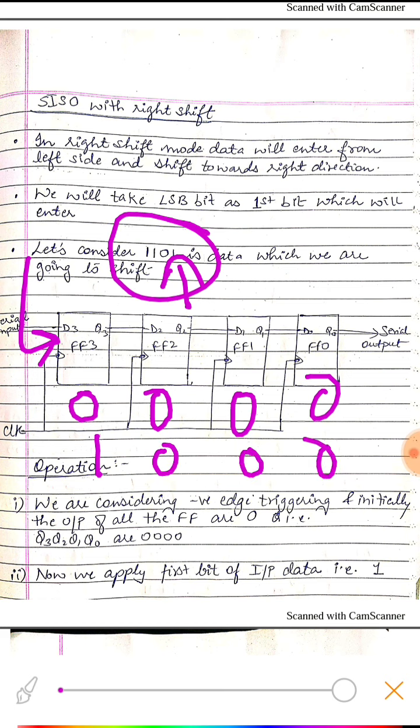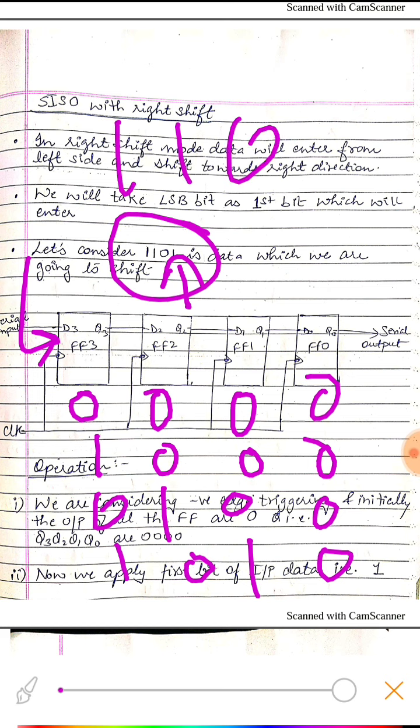At the second negative edge, as the second bit is 0 in the stream, it will become 0 1 0 0. Now at the next edge it will become 1 0 1 0, and at the final edge it will become 1 1 0 1.